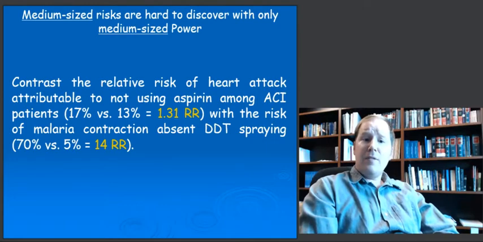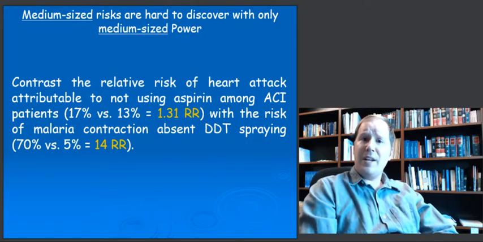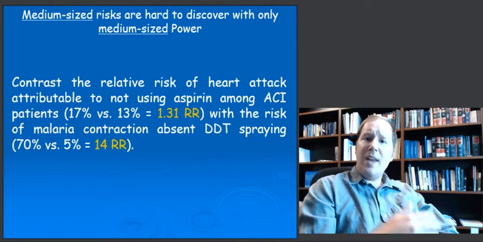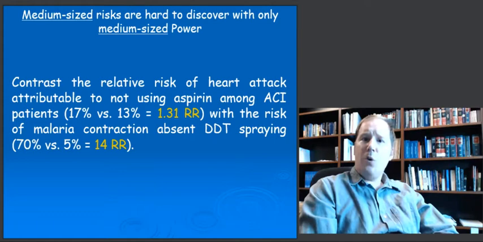And there, for example, I believe it was in Burma, the contracted difference was 70% prior to the introduction of DDT, versus only 5% having it after DDT was introduced. So the relative risk of contracting malaria as a result of not having DDT available to control the malaria was a 14-fold risk increase over the background rate where DDT was used.